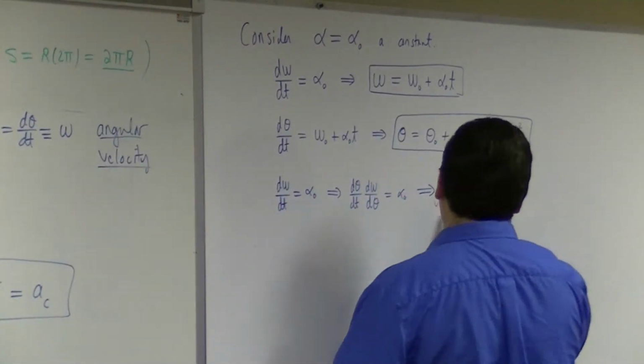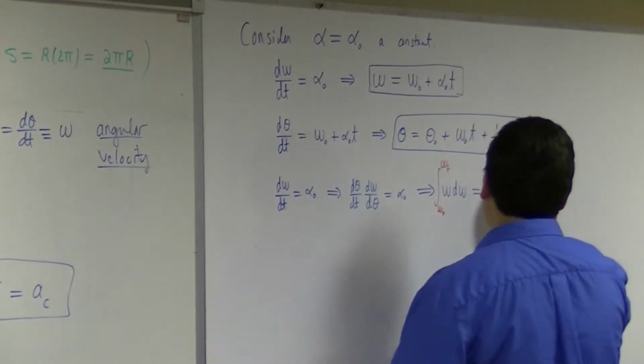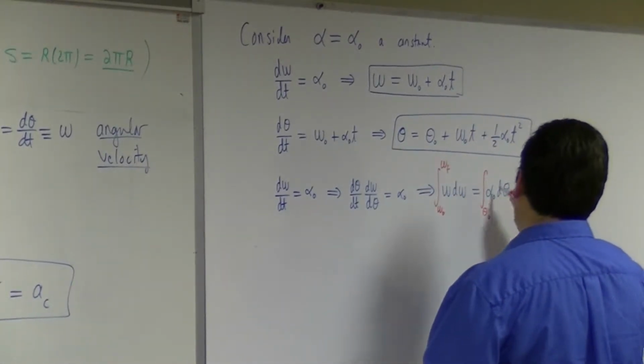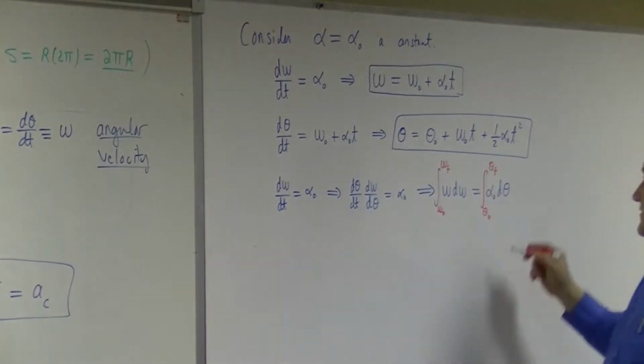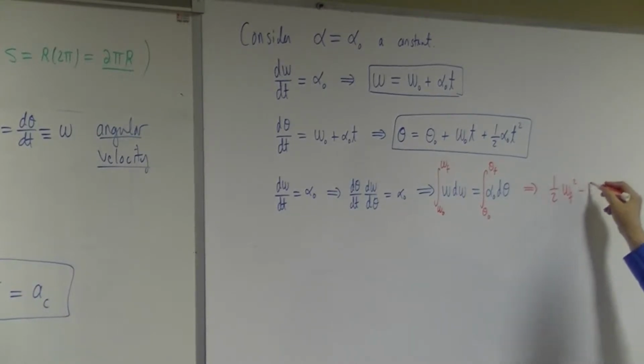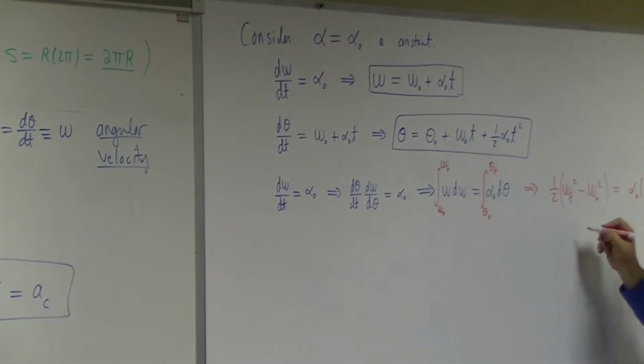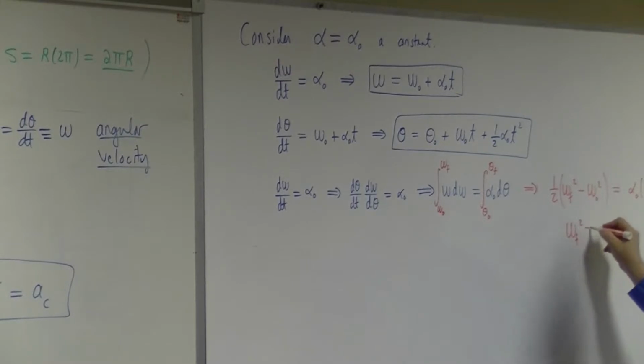I integrate the left-hand side from omega naught to omega f, and theta naught to theta f. When I do those integrals, I'm left with one half omega f squared minus omega naught squared is equal to alpha naught times theta f minus theta naught. Of course, this is the timeless equation. Let me clean it up: omega f squared is equal to omega naught squared plus 2 alpha naught times the change in theta.